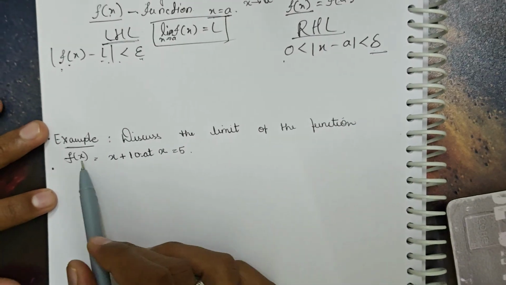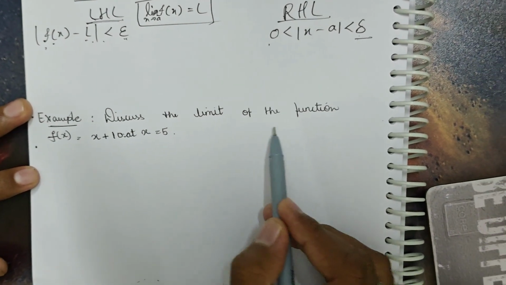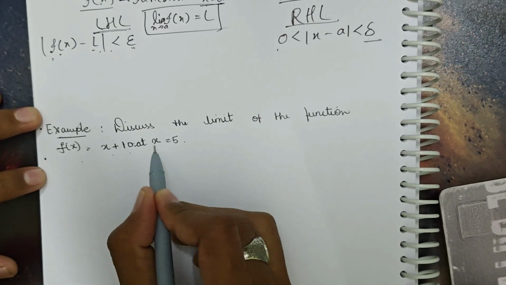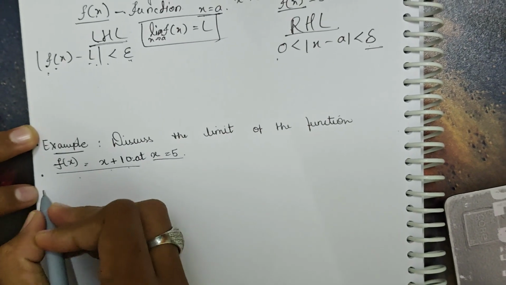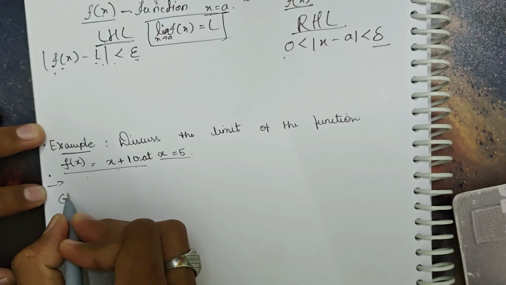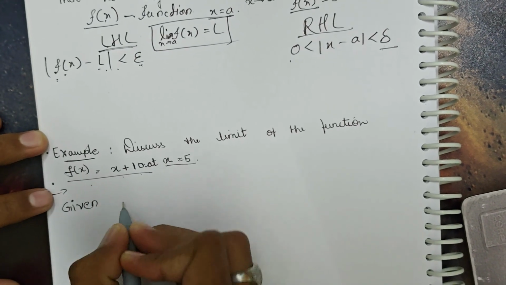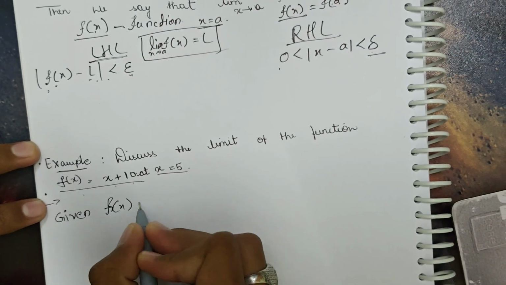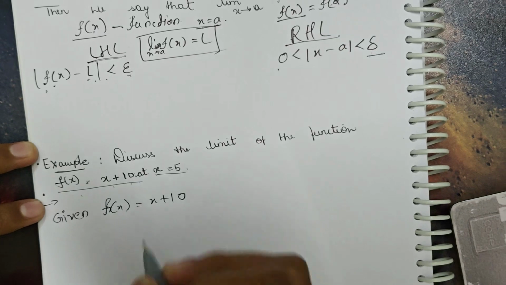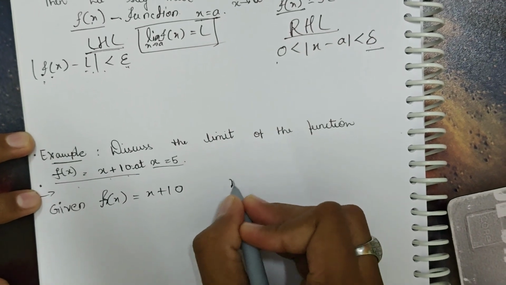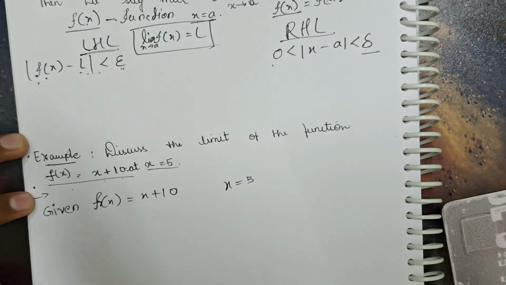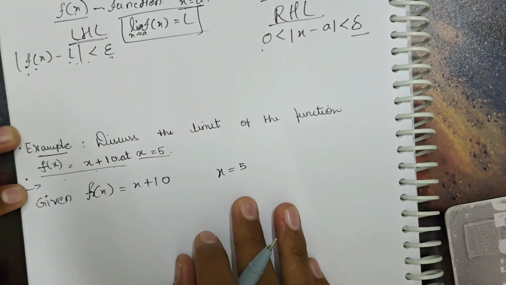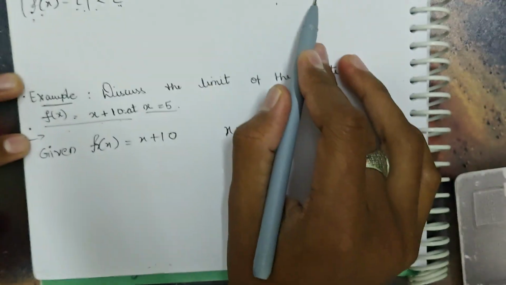So here we have an example. Discuss the limit of the function f of x equals x plus 10 at x is equal to 5. So the given we have f of x is equal to x plus 10, and another one is the value of x, that is 5. By taking these values we have to find LHL and RHL.